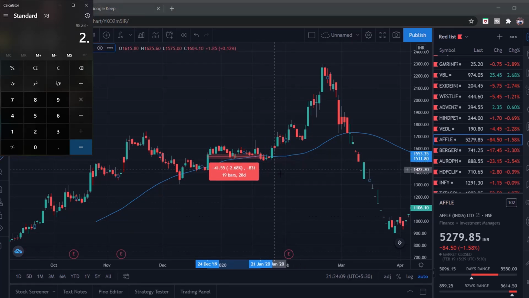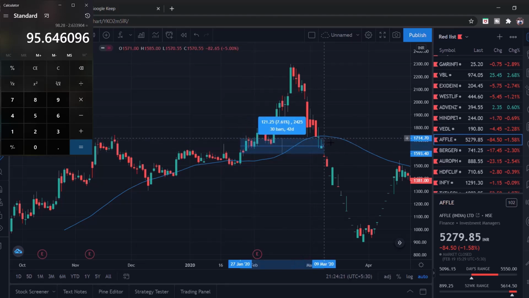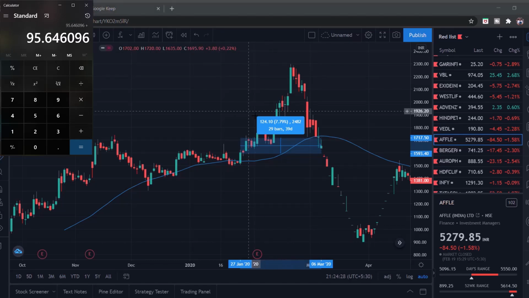Let's deduct 2.68%. Okay, we are left with 95, and we will again be re-entering here, and we will exit here when it closes below. That is 7.79% profit. So let's add a profit of 7.79%.